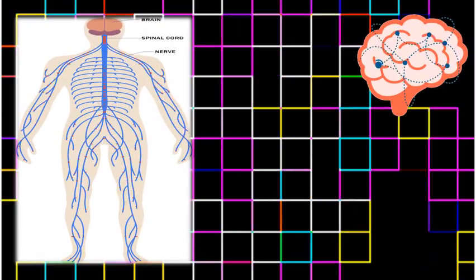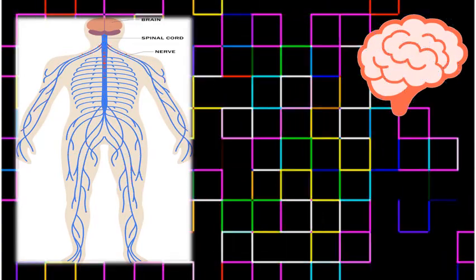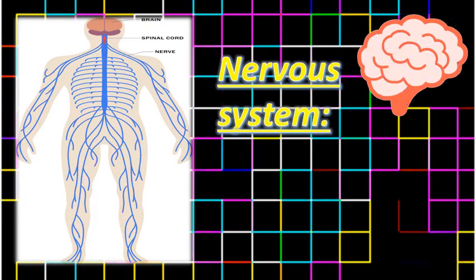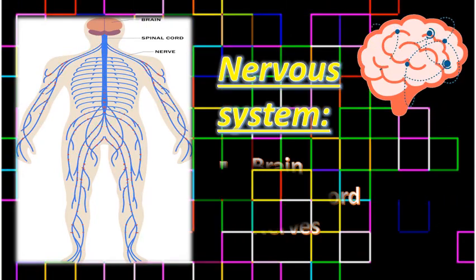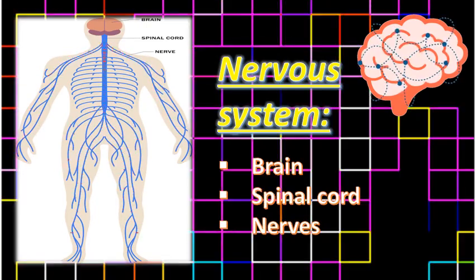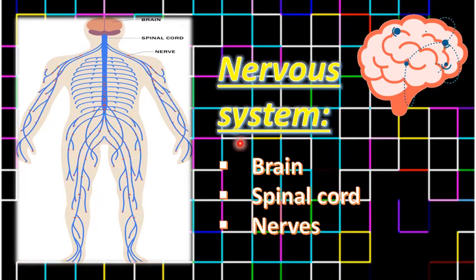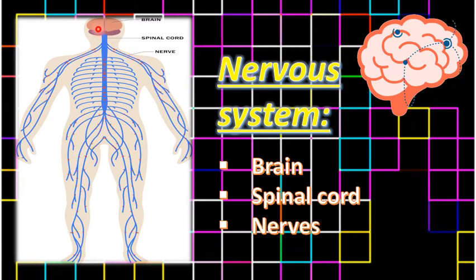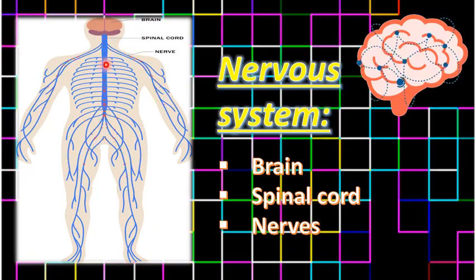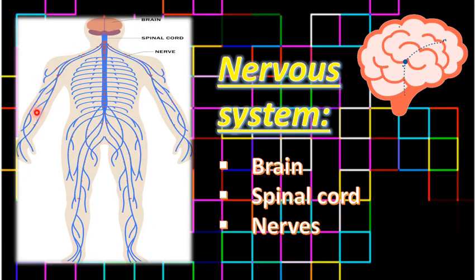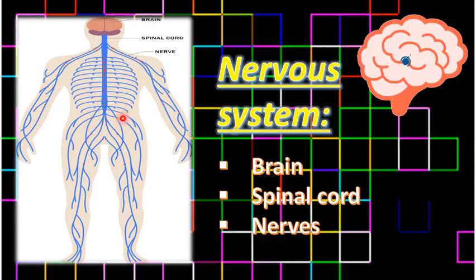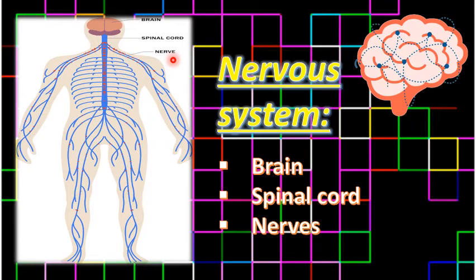The system due to which the body coordinates with our brain, that is the nervous system. Here are 3 main components of the nervous system, and these are brain, spinal cord and nerves. In this picture, this is the brain and this is the spinal cord, and this network-like structure which is spread throughout the body, these are the nerves.